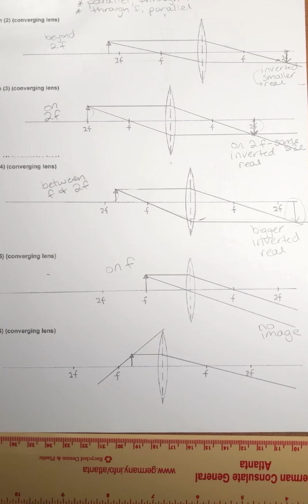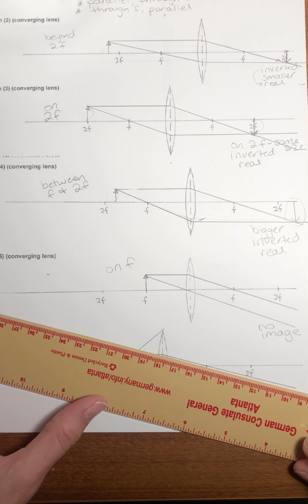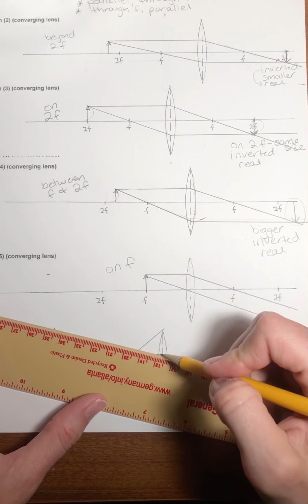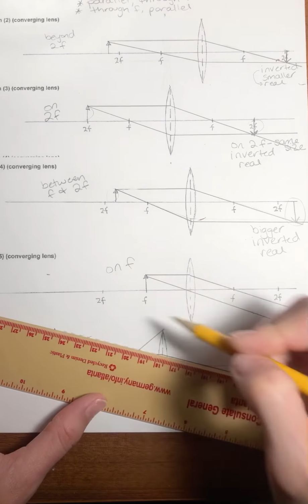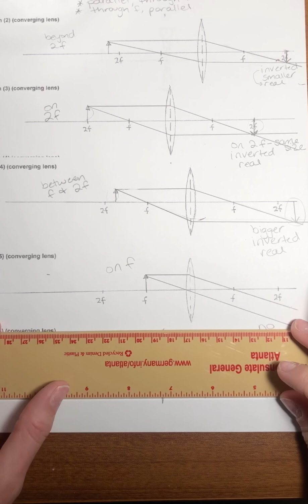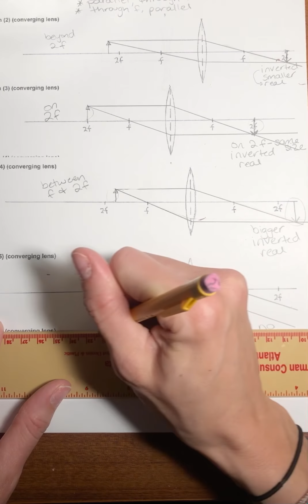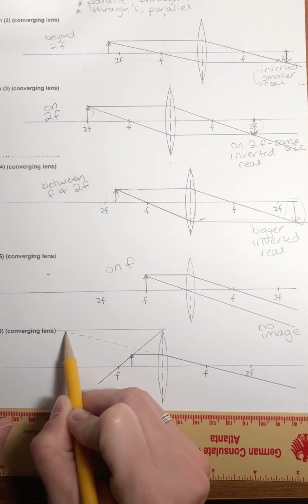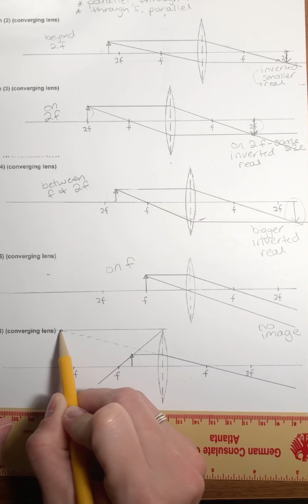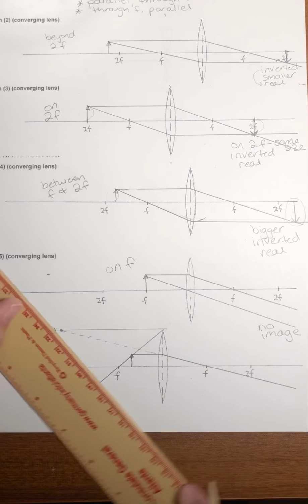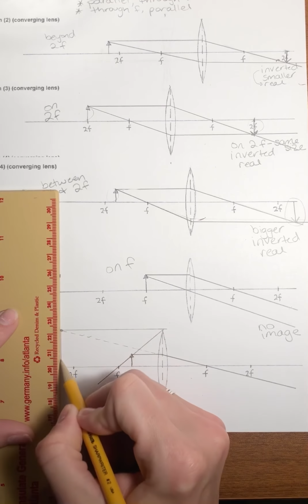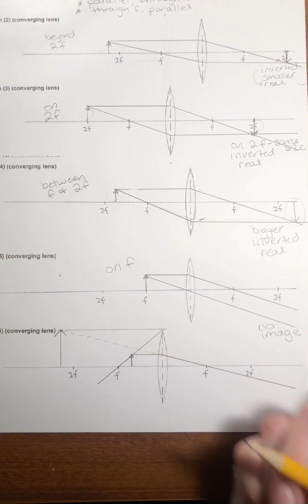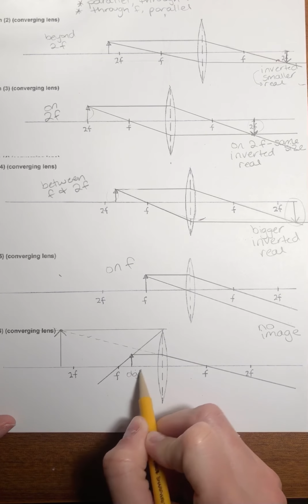Then I'm going to bounce this one back this way and do my parallel line that way. So these two light rays actually converge over here, and this is now my object.